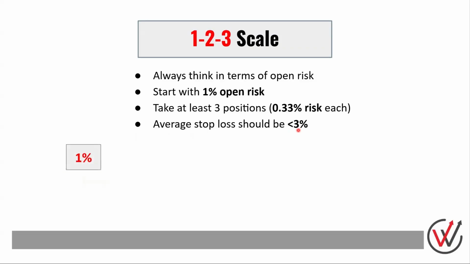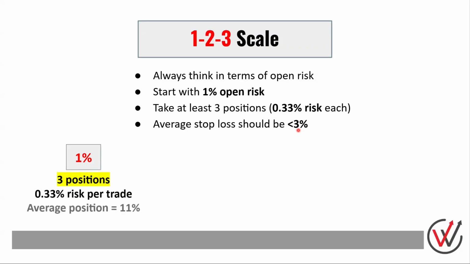Okay. So with 1% open risk, you take 3 positions. Per trade risk is 0.33%. So your average position size, you just divide 0.33 by 3 and press percentage on your calculator. You'll know that your position size would come to 11%.